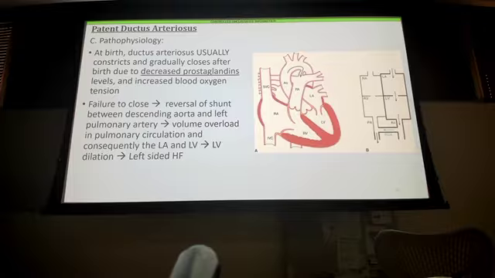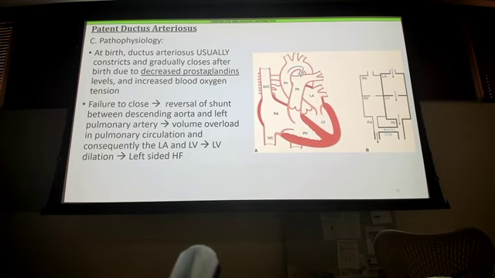Well, you can't oxygenate it again, it's already oxygenated. But all this volume that shouldn't be going into the pulmonary arteries ends up going into the pulmonary artery. And now it's having to work harder to move that extra volume and that extra pressure around.